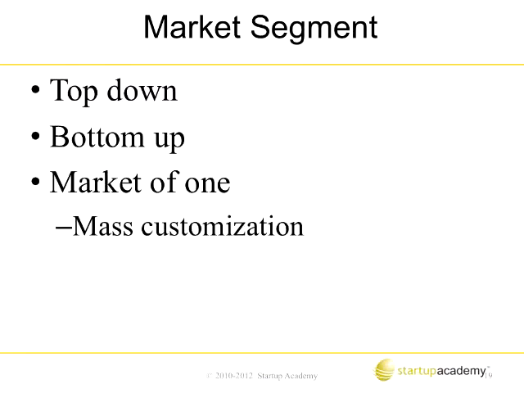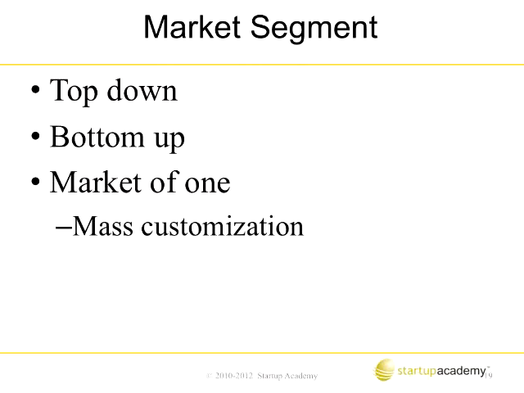When we look at a market, we can look at it from a top-down perspective or a bottom-up. We can build the entire market looking at segments and putting them all together, or we can start at the top looking at the overall market and segment it down.